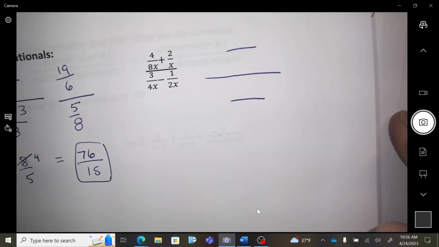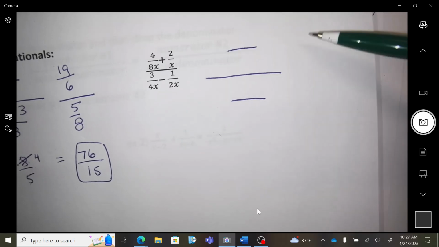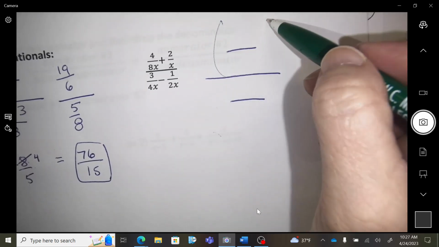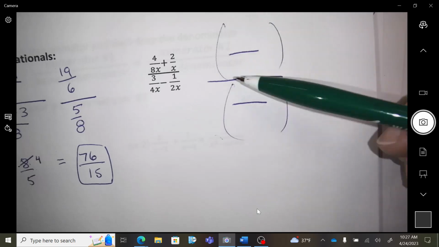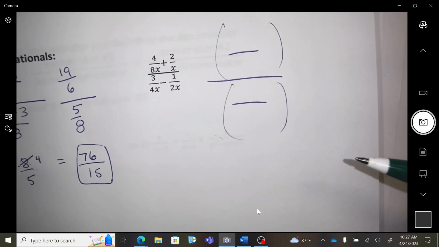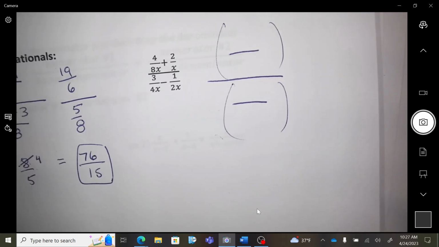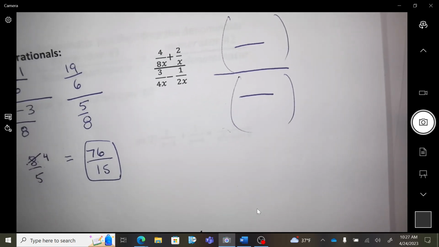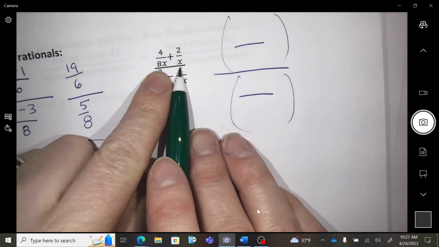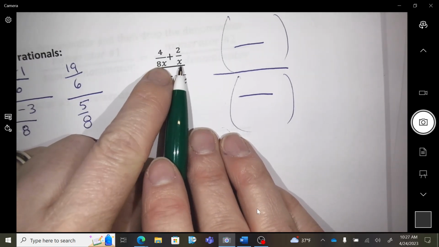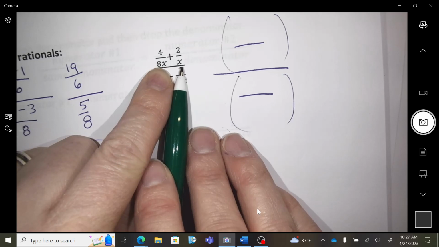Okay, here we go. This is the setup. Some fraction divided by some other fraction. Okay, I'm looking at this. Here's an 8x and here's an x.